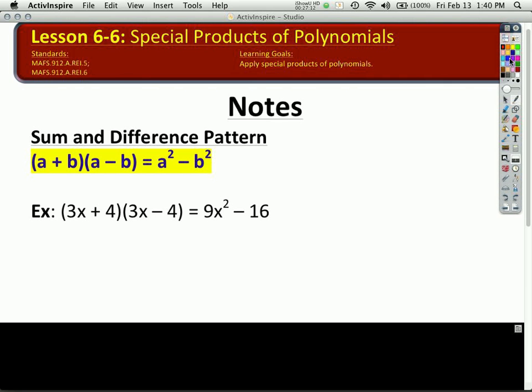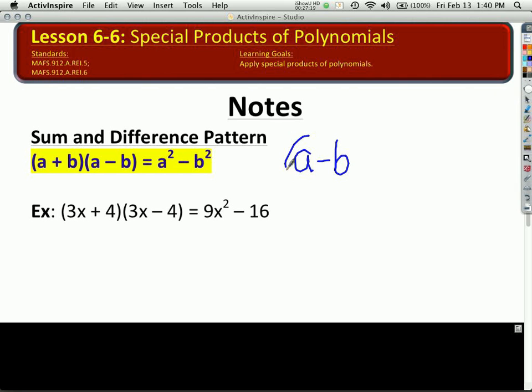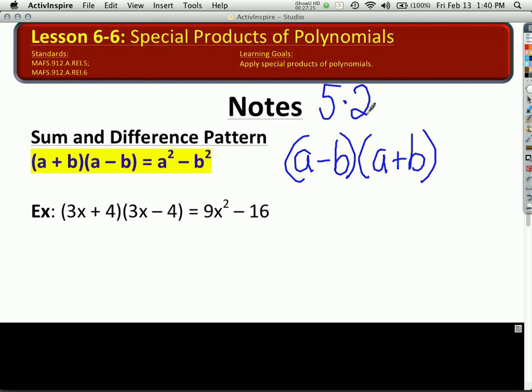And just to be clear, a plus b times a minus b is the same thing as a minus b times a plus b. Just like 5 times 2 is the same thing as 2 times 5. They're both factors. That's a factor, that's a factor.